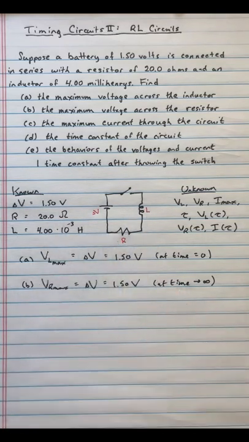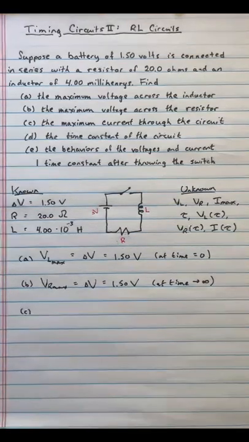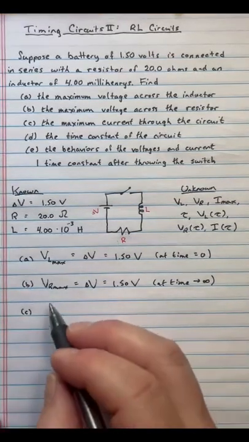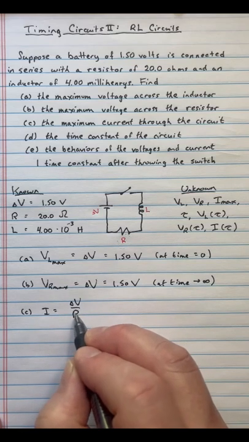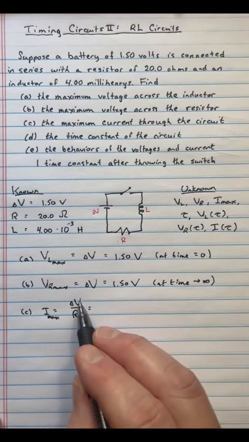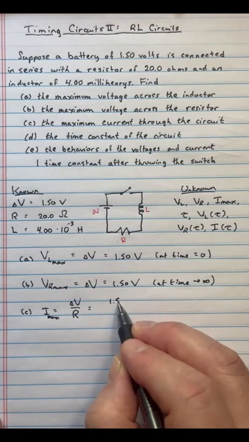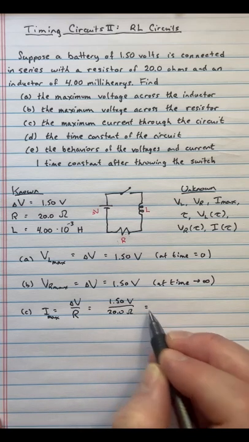All right, what about the maximum current through the circuit? Well, the maximum current through the circuit will happen if we wait long enough, but equation-wise, it's the same calculation as you've had before. So maximum current is simply the voltage divided by resistance. So 1.5 volts, we have 20 ohms, like that.